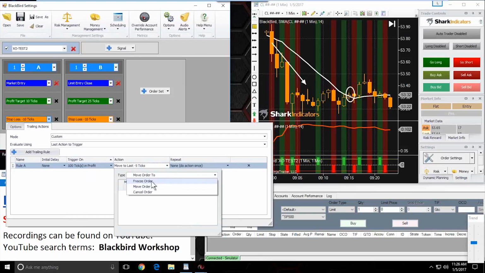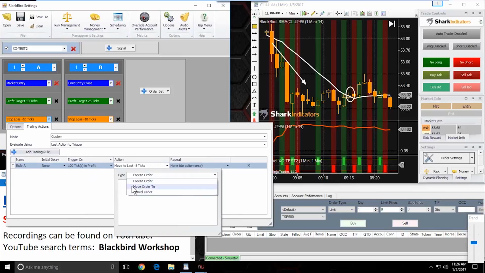So something could happen, and you could freeze your stop loss so it never moves again, right? So once a stop loss has been frozen, it's frozen forever. There's no way to unfreeze a stop loss, or there's no way to unfreeze an order. So once an order has been frozen, it's just going to be locked in place until the trade's over.